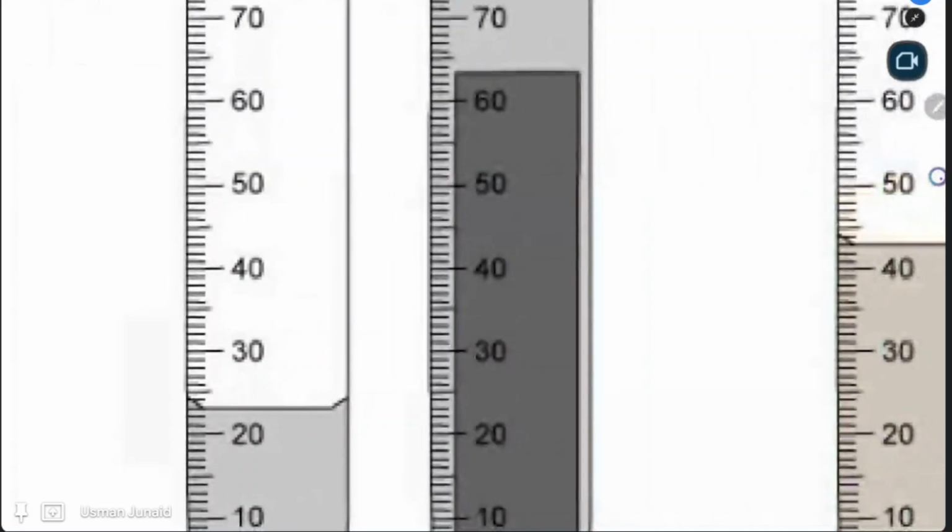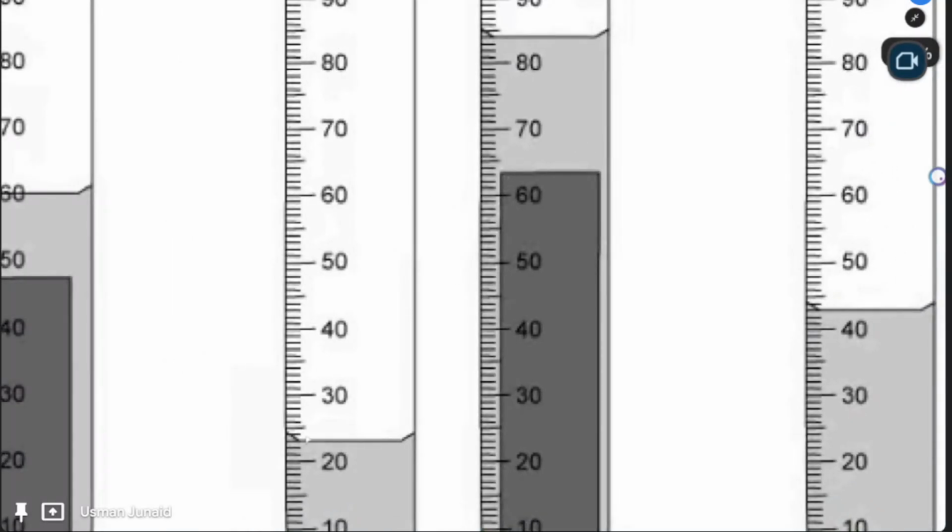And in the second one, the first number is 23, and the other one is 84. So 61.